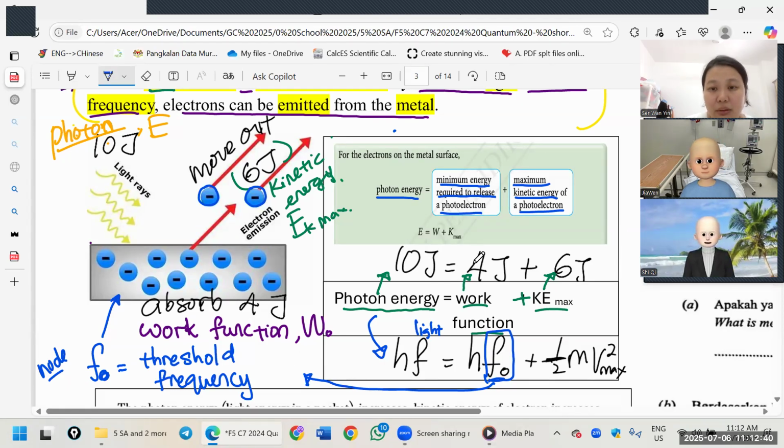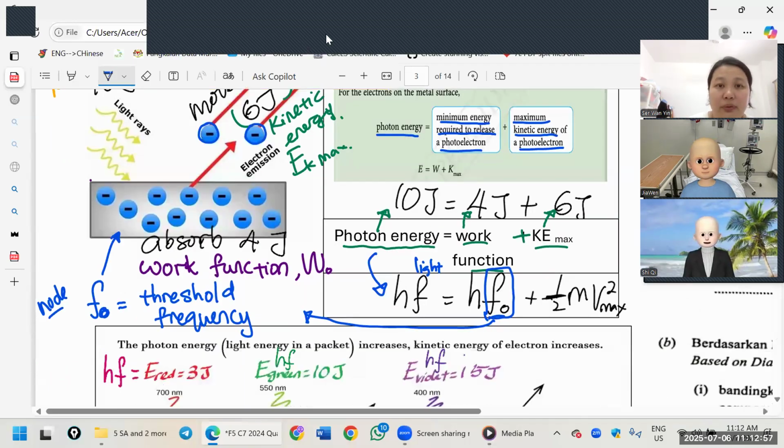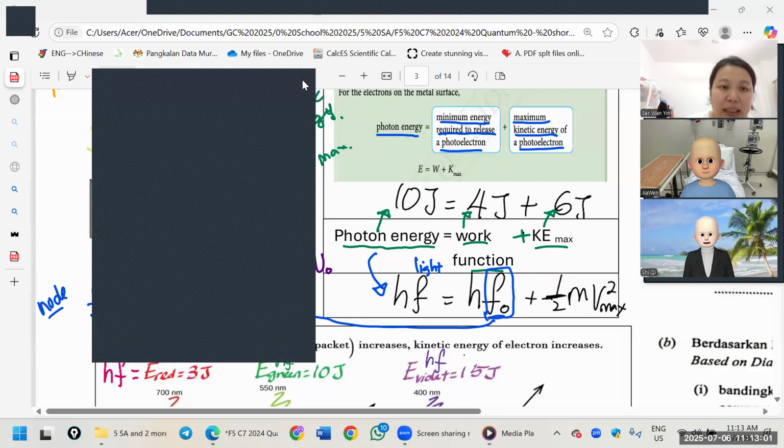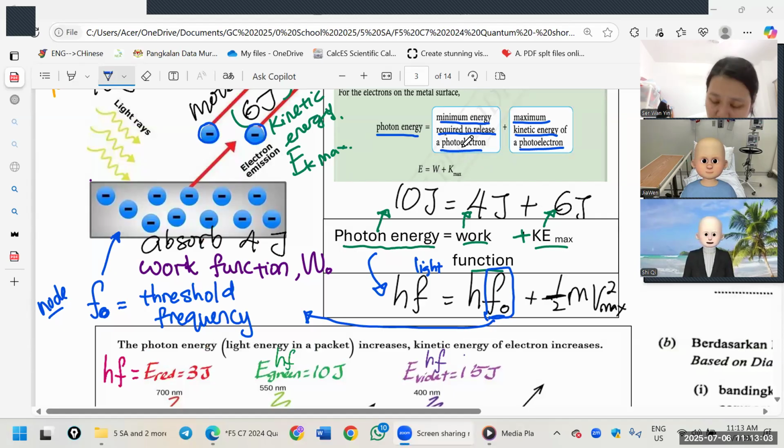Some material may absorb 4 joules and already can break the bond, then the electron goes out. Some may need 9 joules. It depends on the material. Where do I get the f naught? They will give it in the question.